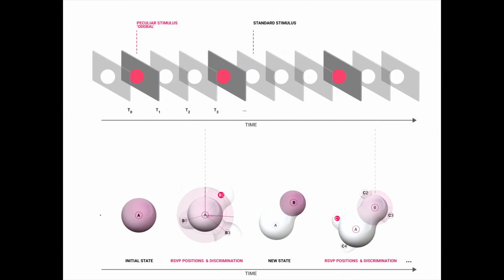So basically, the oddball, which is the pink ball, introduced between the white ones, because it has different features than the others, supposedly could trigger an event-related potential. And this is also the way it is implemented for this kind of speller I was talking about before.